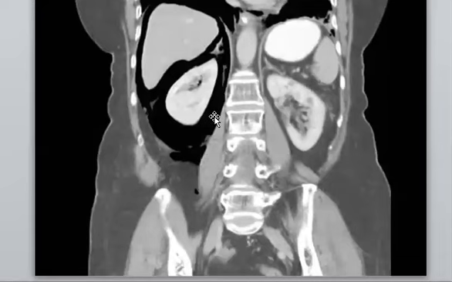So these are the common sites for the retroperitoneal air, right? When it is linear, then you are going more with the pneumoperitoneum.